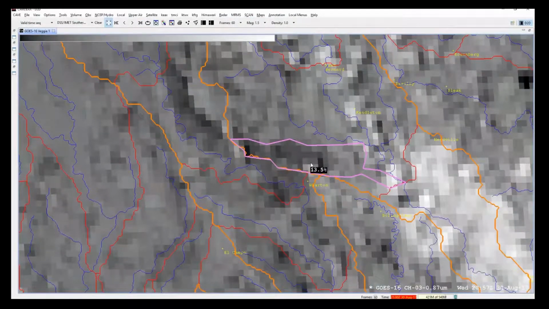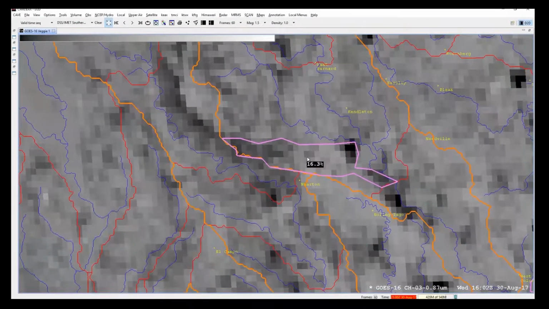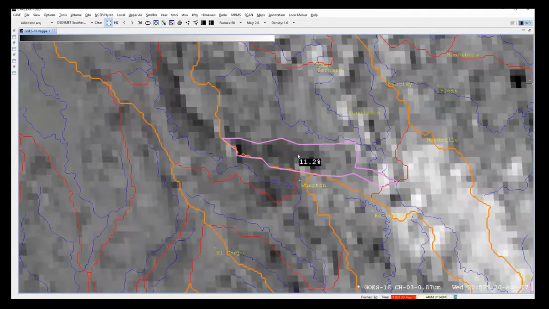Yeah, so this is basically 16Z. Let me magnify this a little more. So something in there, pretty high reflectance, low 20s. And then 5 hours later, you can see how quickly things change.